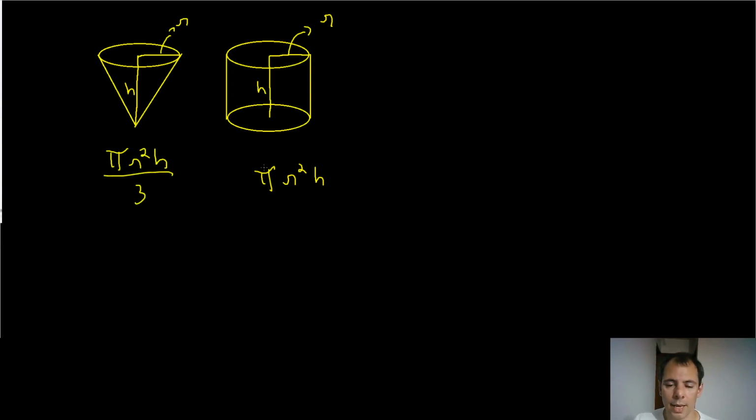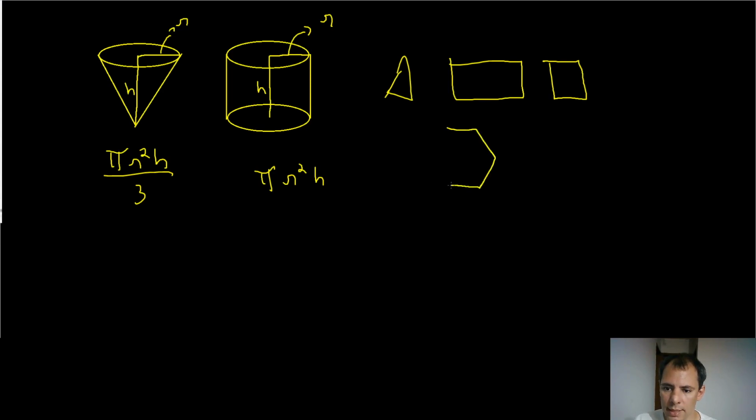It's always like this. It doesn't matter what the shape of the base is. It can be a triangular base, it can be a rectangular base, it can be a square base, it can be some kind of pentagon like this, right? A hexagon, yeah.